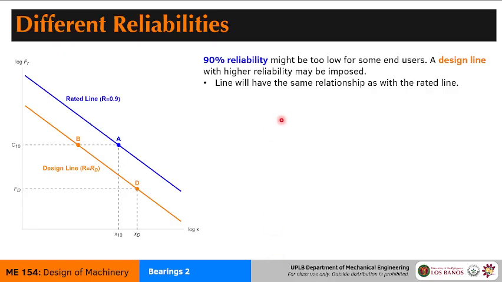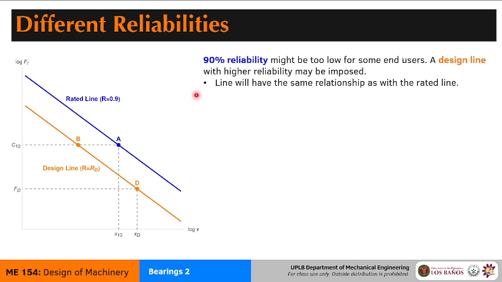So why do we want to move to a different reliability level? First and foremost, 90% reliability might be a bit too low for some industries. I recall there are industries that require Six Sigma. If you've never heard of it, I hope IE has at least broached the topic to you.